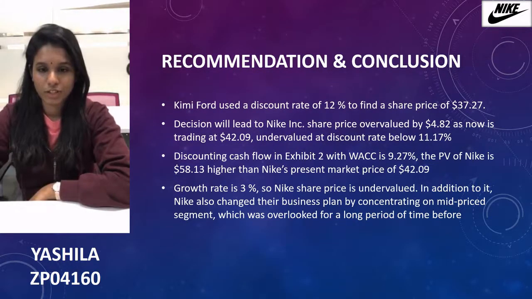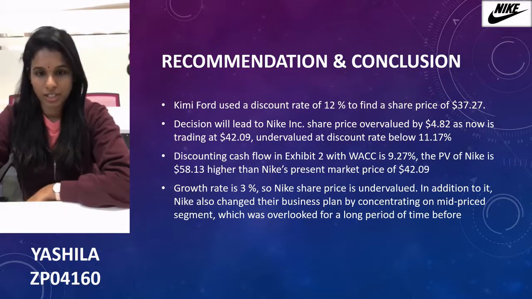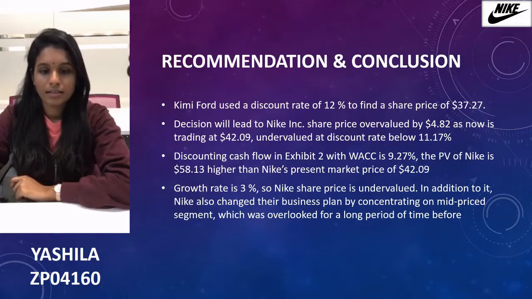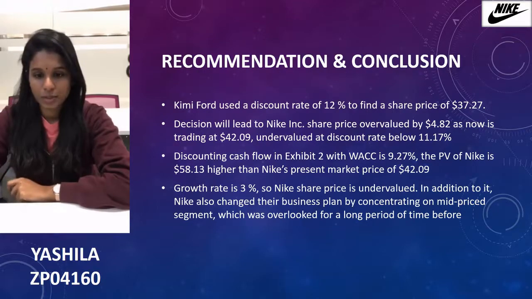So the recommendation and conclusion: Kimmy Ford used a discount rate of 12% to find a share price of 37.27. This decision will lead to Nike's share price being undervalued by 4.82, as it is now trading at 42.09. The discounted cash flow in Exhibit 2 with WACC is 9.27.